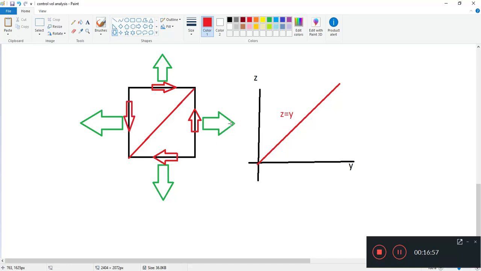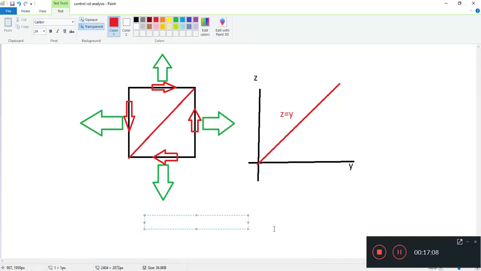Okay, let's start naming these stresses. Now, let's look at this one, the bottommost one. What is it perpendicular to? This is perpendicular to the z-plane and it's acting in the z direction. So this is sigma zz evaluated at z.